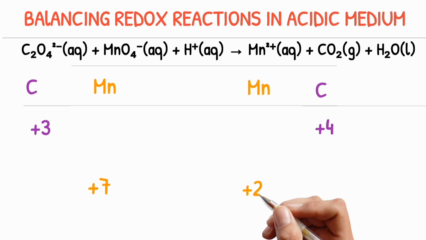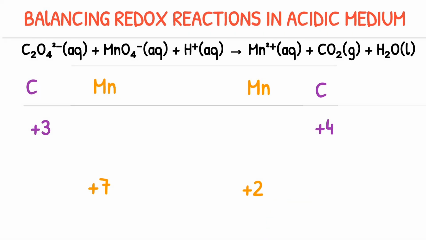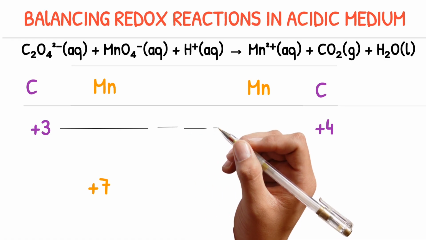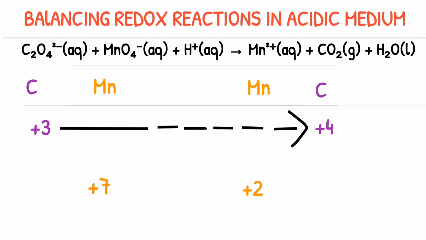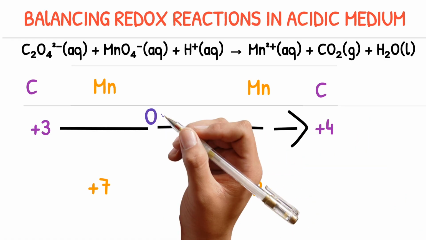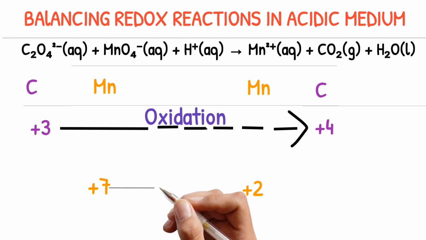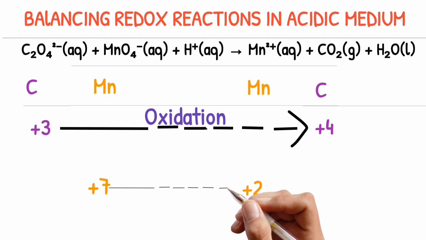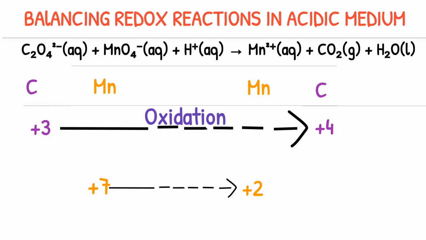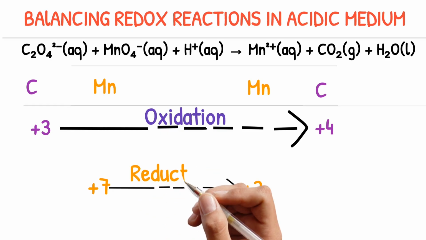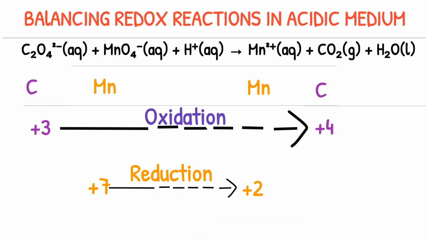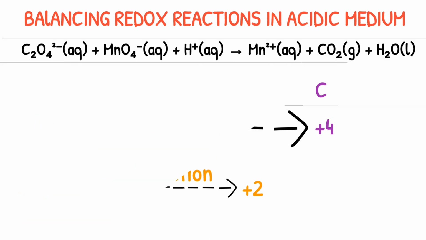If we look at carbon very well, the oxidation number has increased from 3 to 4. An increase in oxidation number is oxidation. And if we look at manganese, the oxidation number has reduced from 7 to 2. That's a reduction, and it is a reduction reaction.